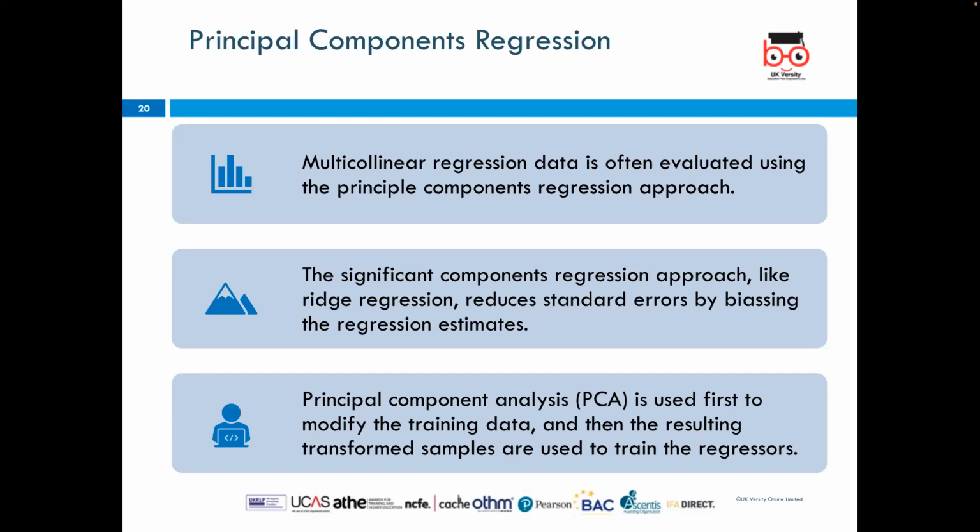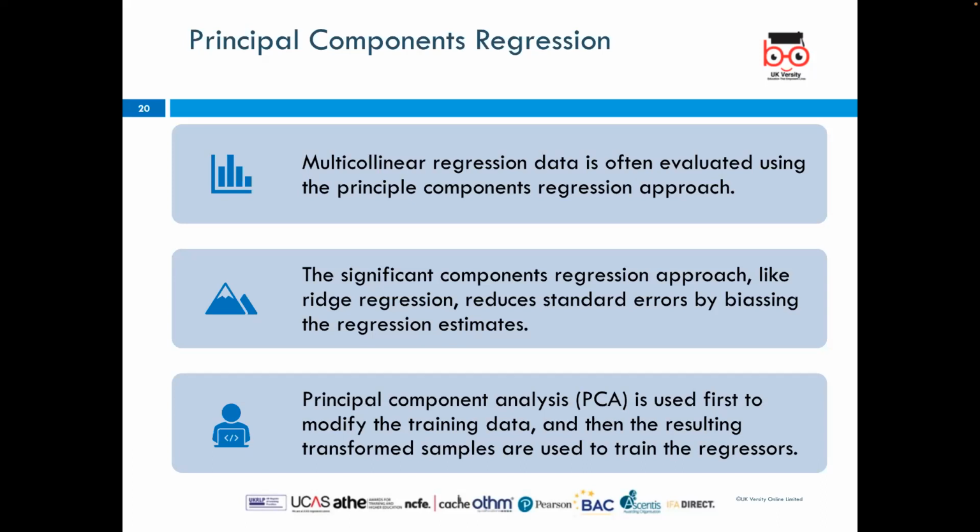Principal component regression. Firstly, multicollinear regression data is often evaluated using the principal component regression approach.